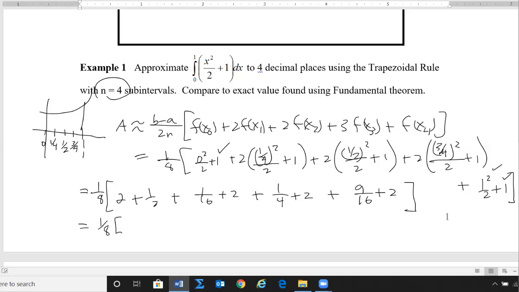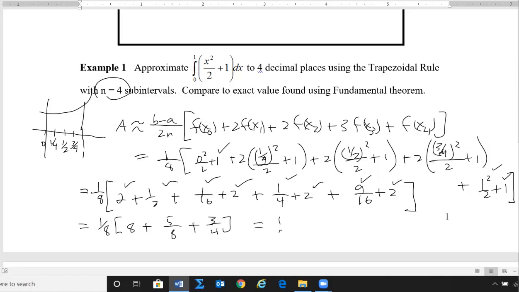1/8. Let's see, we got 1, 2, 3, 4 times 2 is 8. And you have 2, 4, 6, 8. Now we've got 10/16, which is 5/8. Okay, and then you have a half and a quarter is 3/4. So that takes care of that.